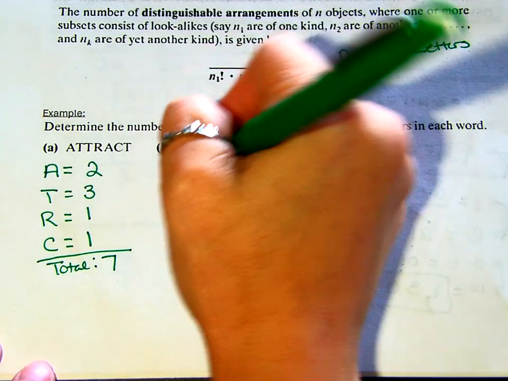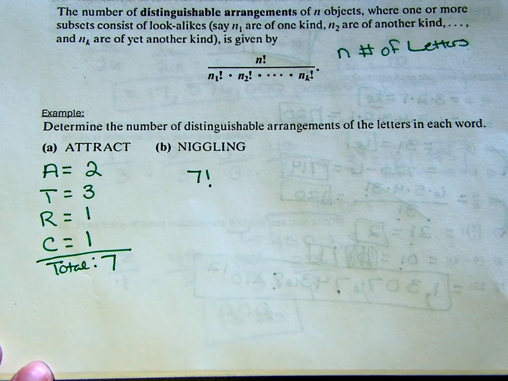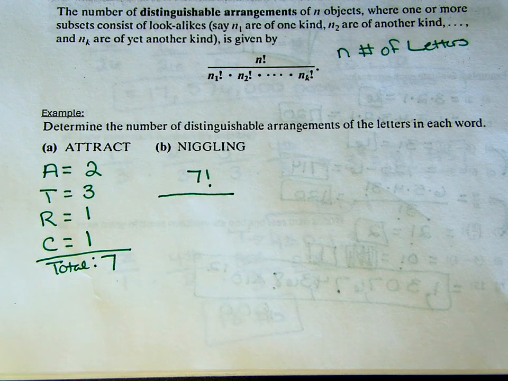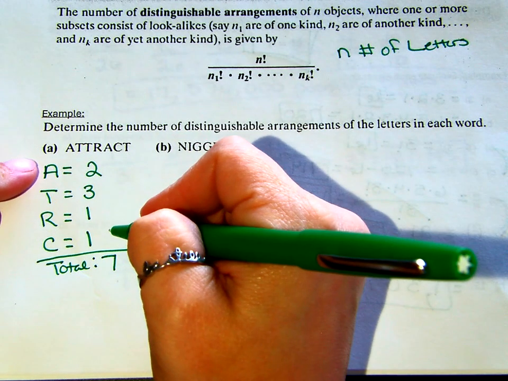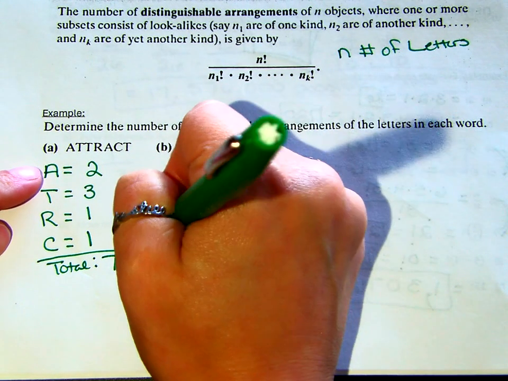And then at the bottom, I'm going to put each of my other factorials based on the number of times the letter popped up. So A is going to be 2 factorial. T is going to be 3 factorial. R is 1 factorial.